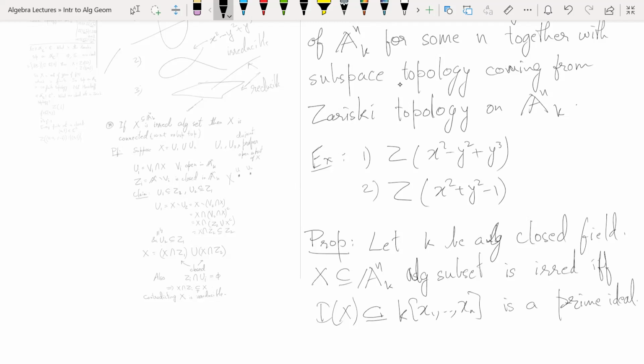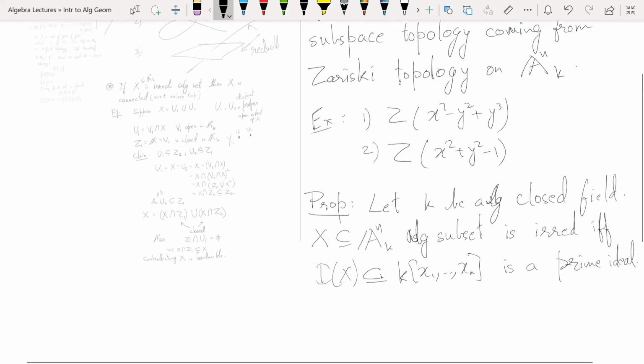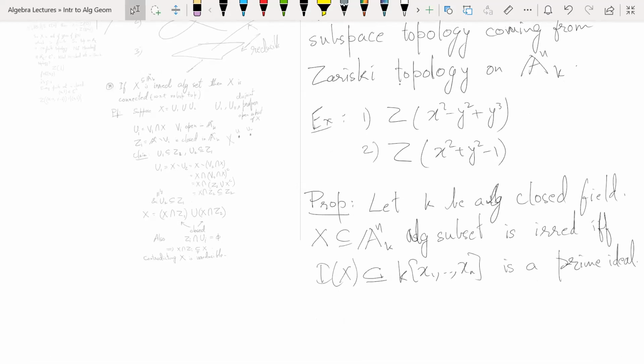So once we know this proposition, then of course it's slightly easier to check whether these are irreducible or not. So of course, maybe we will first note that this is indeed the case.